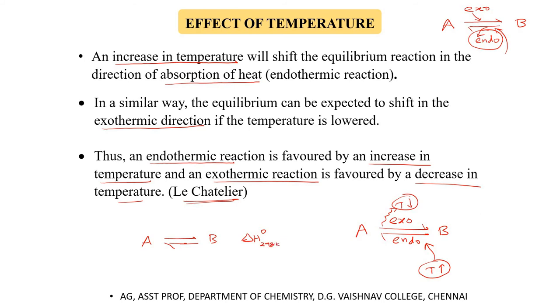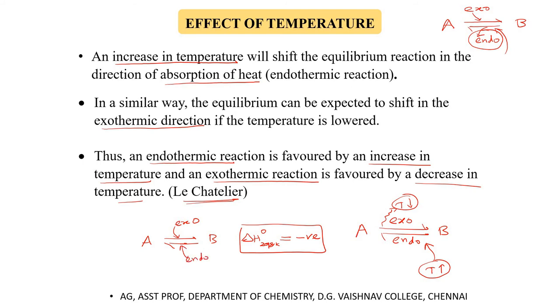I told you already that temperature is not a function which defines the state. Only pressure defines the state here. Under the standard state, the change in enthalpy of the reaction may be positive or negative. Suppose that for a reaction delta H naught is given as negative. What does this indicate? This indicates that the forward reaction is exo and the backward reaction is endo.